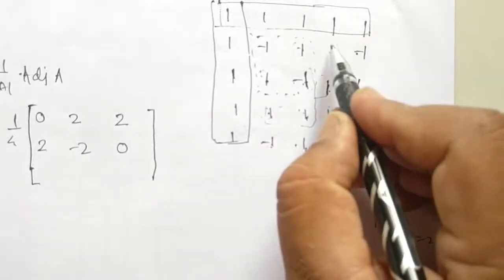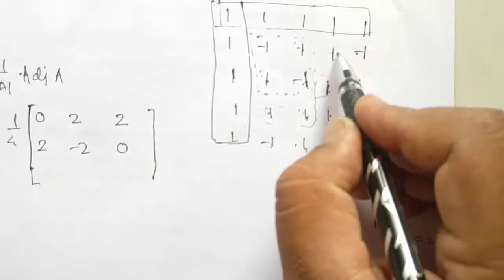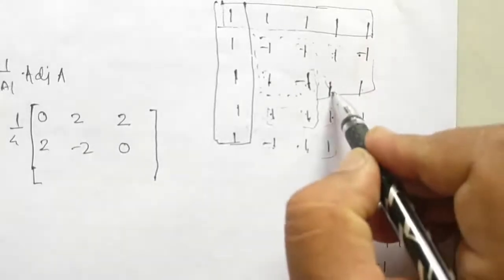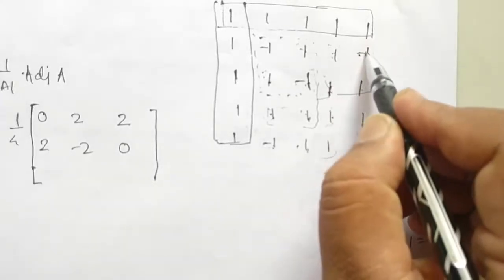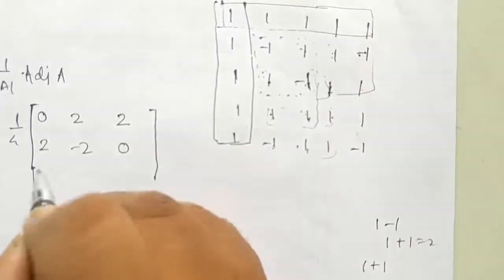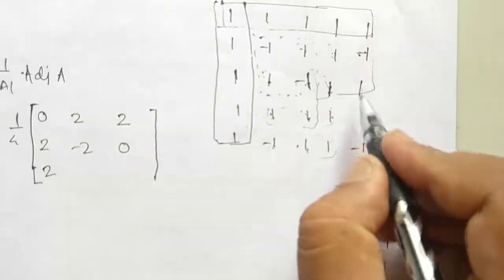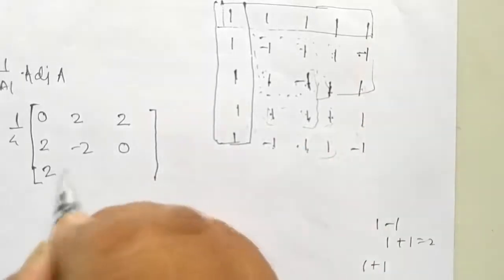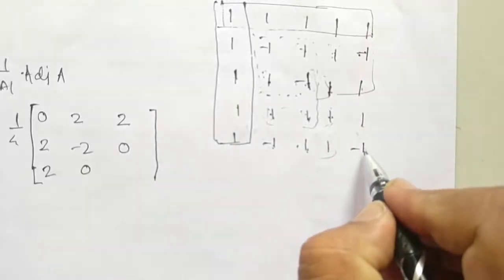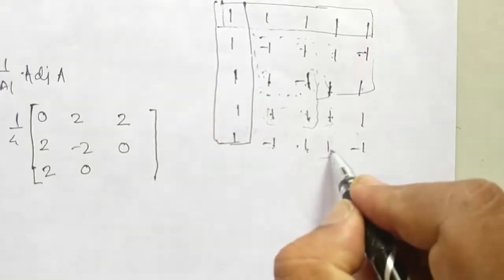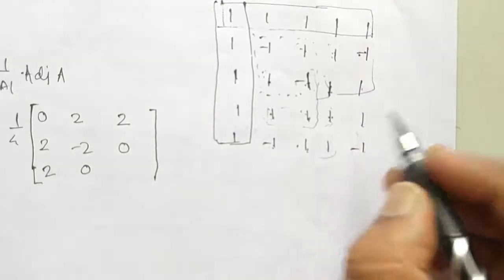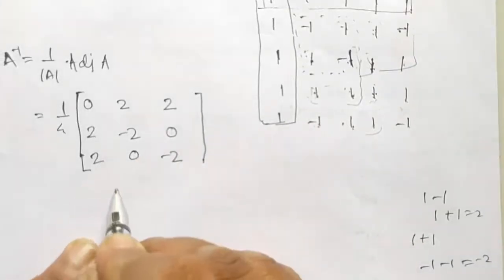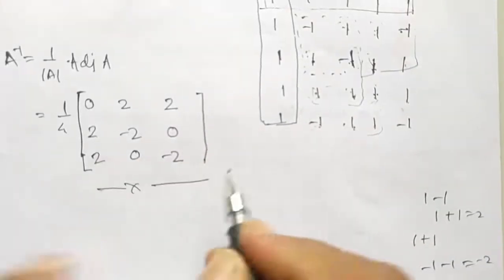Similarly, next is 1 into 1 minus minus 1, that is plus 1, that is 2. Then 1 into 1 minus 1, it is 0. Now next is minus 1, that is minus 2. So this is the inverse of the given matrix.